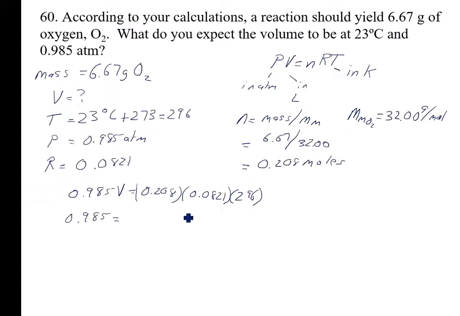When I multiply these three things together, I get 5.055. So V is 5.055 divided by 0.985. So my volume is 5.13, and the units are liters.